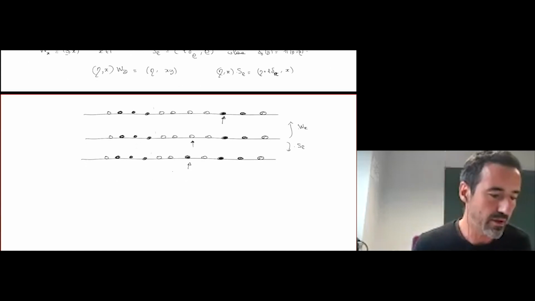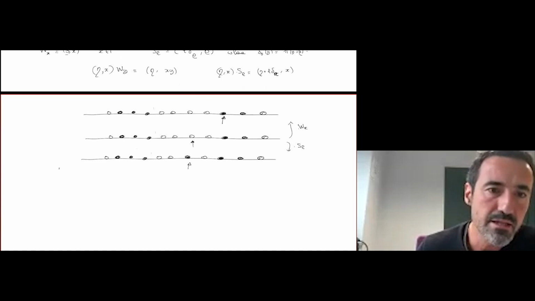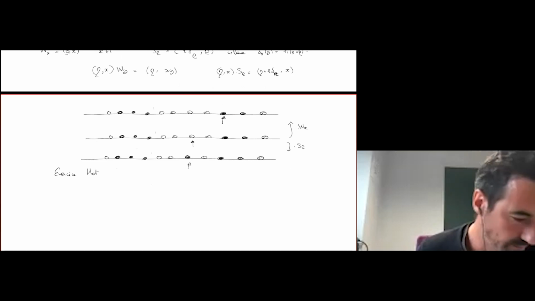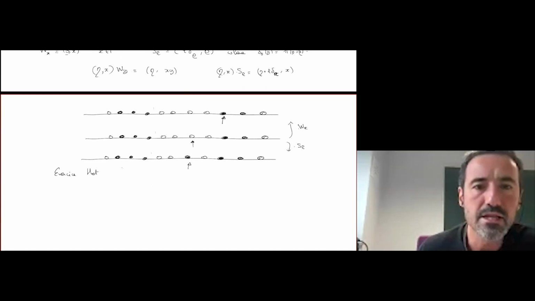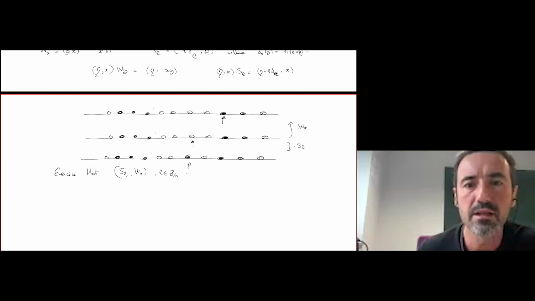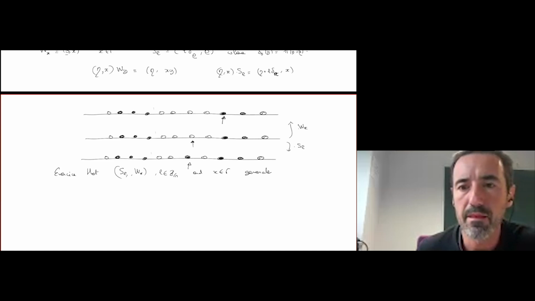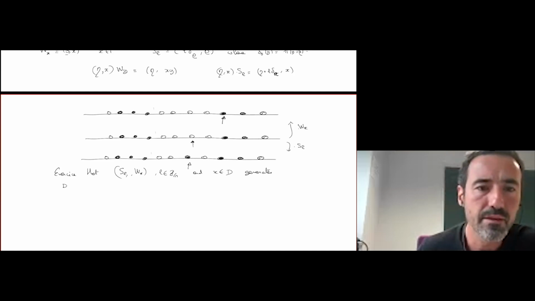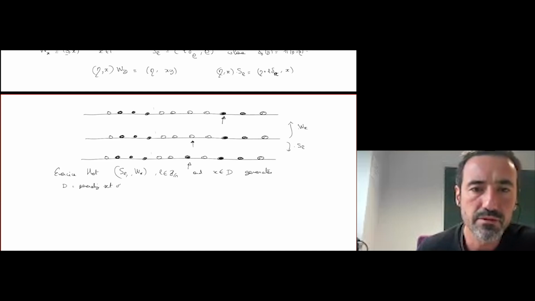Now there is one Cayley graph, and it's an exercise: SL and Wx, where L is in Z over n, Zn, and x in gamma, generate the group. You take D, a generating set of gamma.